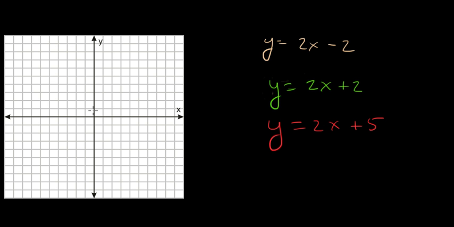Well, let's take a look. y equals 2x plus 5. 1, 2, 3, 4, 5 is my y-intercept. And 2x means 2 over 1, so there's my next point, 2 over 1. Or negative 2 minus 1, because my slope is 2.